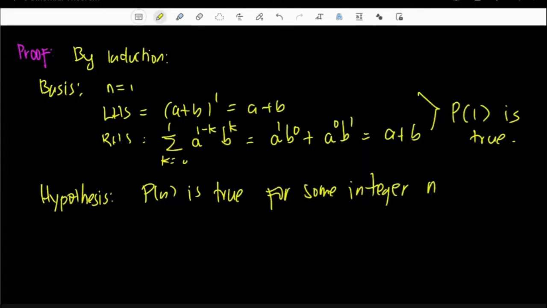Usually, ginagamit natin P of k, di ba? Kasi malilito tayo dun sa subscript na k. Madodoble yung ibig sabihin ng k eh. So, we cannot abuse k in this particular scenario. So, let's stick with n. So, since ang ina-assume natin true ay P of n, ano kailangan natin pakita? Kailangan natin pakita na ang P of n plus 1 is true. So, that's the proof of induction.